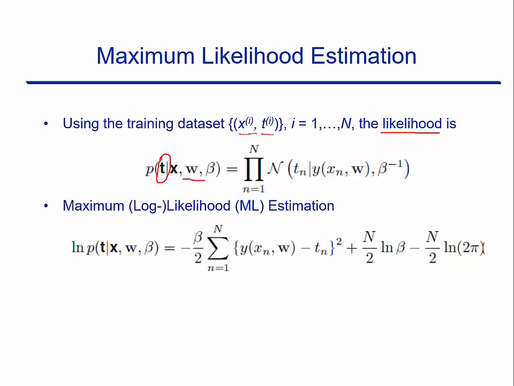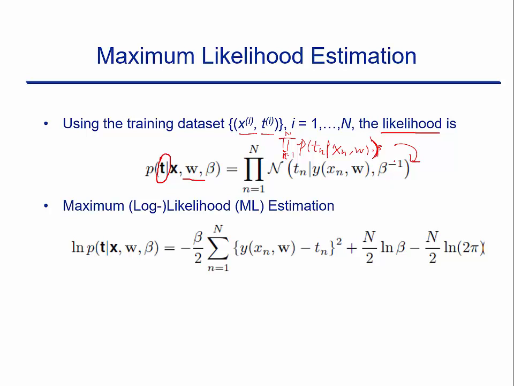So in this case, the probability of all the ti equals the multiplication of the probabilities of each tn given the sample xn and the feature vector, which is this equation.